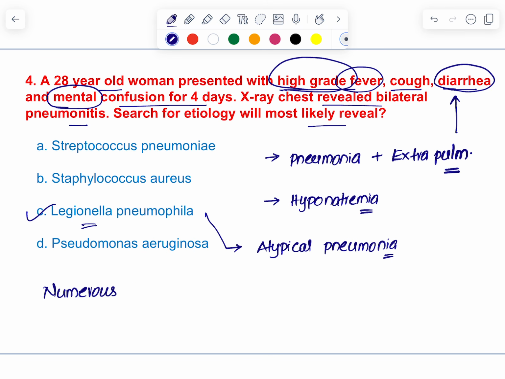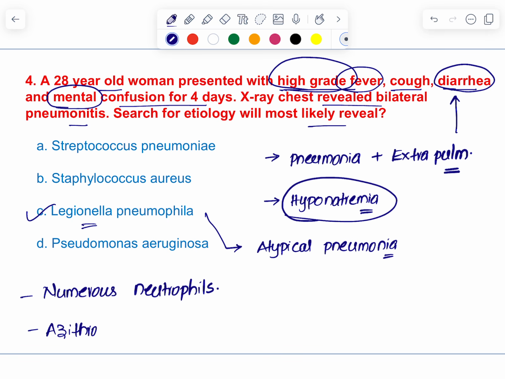So there will be numerous neutrophils, but no organism is revealed by gram staining of the respiratory secretions. And the other feature suggestive of Legionella is hyponatremia. But in the question, hyponatremia is not given, but the clinical feature related to hyponatremia, that is confusion, is given in this particular question. And the treatment of choice, what did we discuss? That is azithromycin.